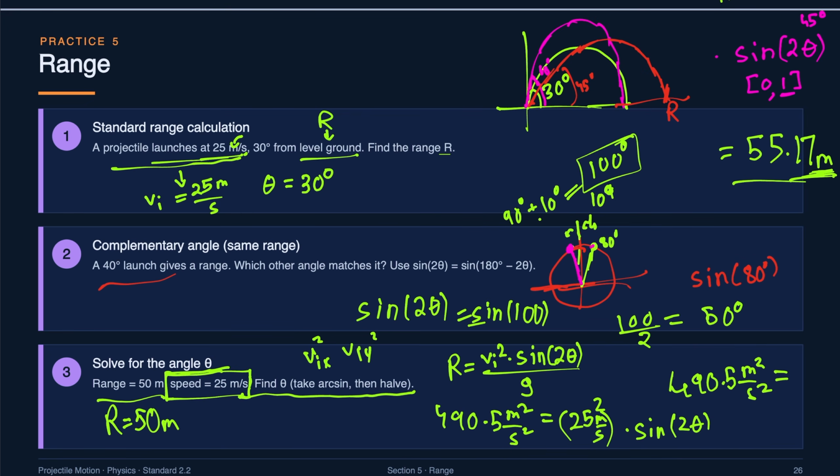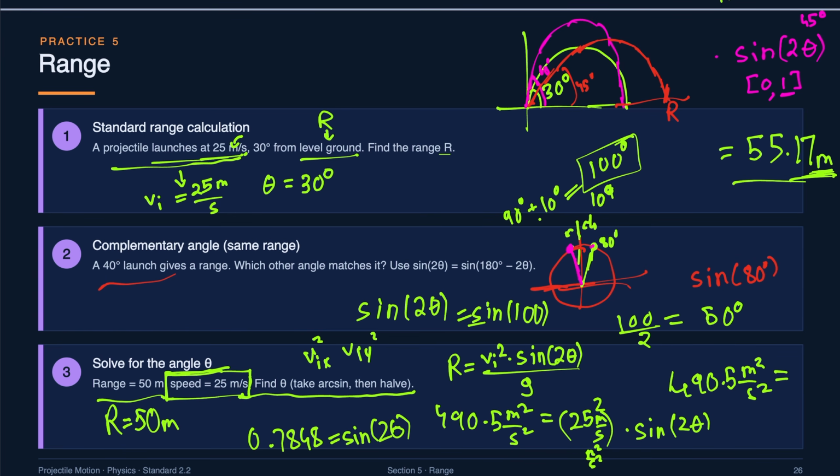So 490.5 divided by 25 squared. And this is also going to give you units of meters squared per second squared. So the units here cancel out and you're just left with a value, which is what sine is, right? Sine doesn't have units. 490.5 divided by 625. So I got 0.7848 is equal to sine of 2 theta.